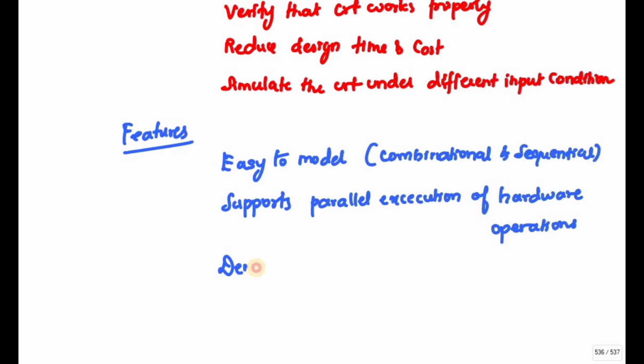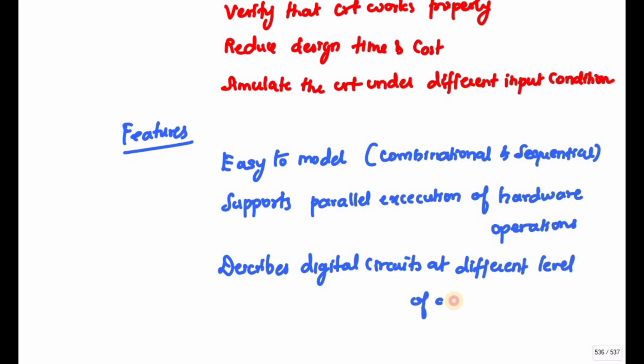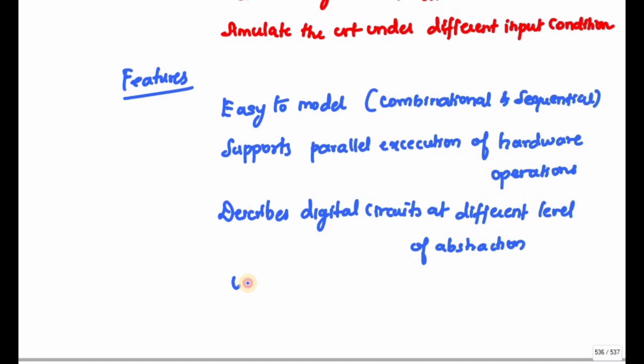Next, the features. It is easy to model combinational and sequential circuits. You know the difference between combinational and sequential circuits. Then it supports parallel execution of hardware operations. In C, it will execute the statements sequentially, line by line only. But here it will execute in parallel.